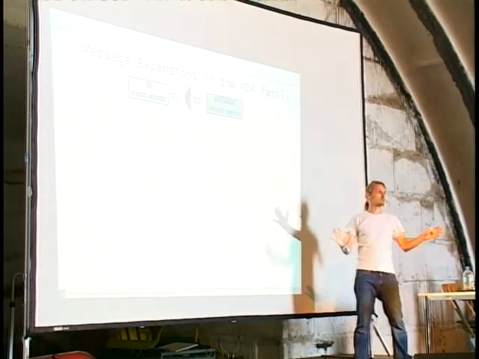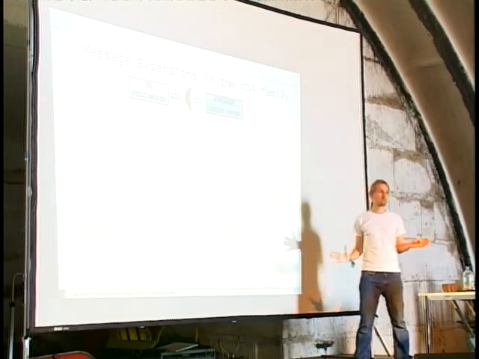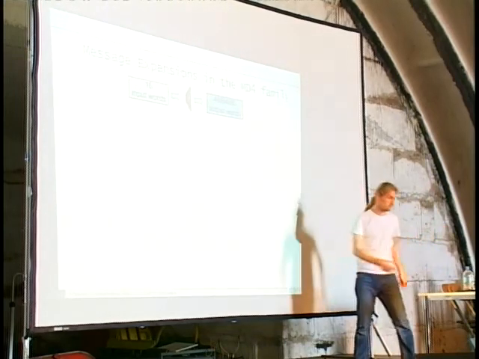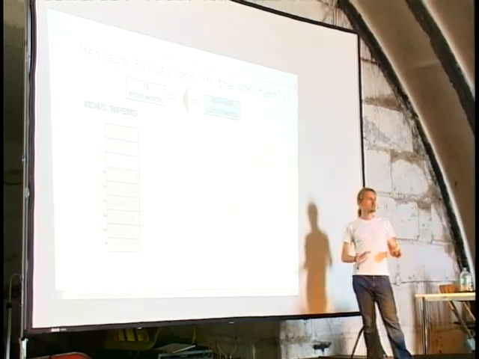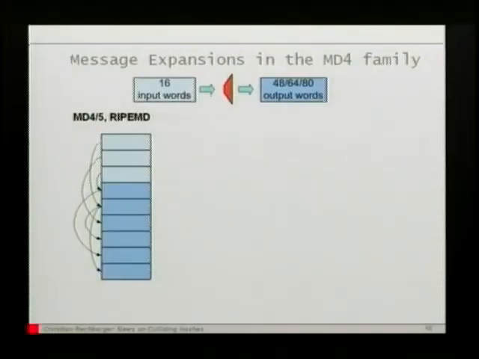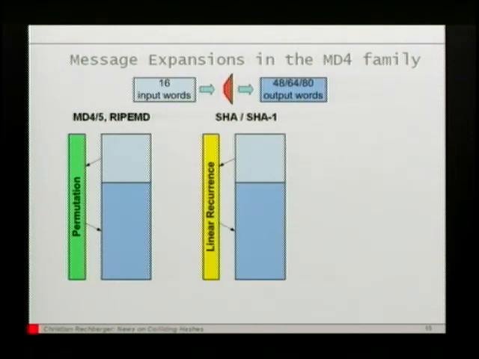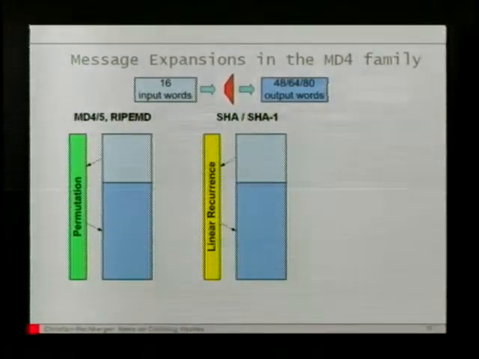So we have 16 input words of 32 bits each, meaning 512 bits. They are expanded. In the case of MD4, MD5, and RIPEMD, this message expansion is a very simple process, very fast, of course. It's about copying message words and shuffling them around a bit, not more. The NSA designs, SHA and SHA-1, do something a little different.